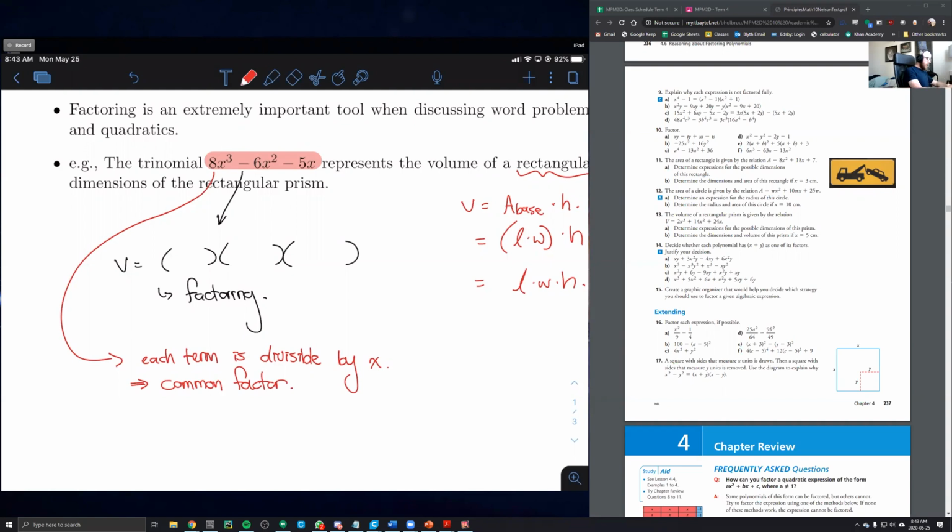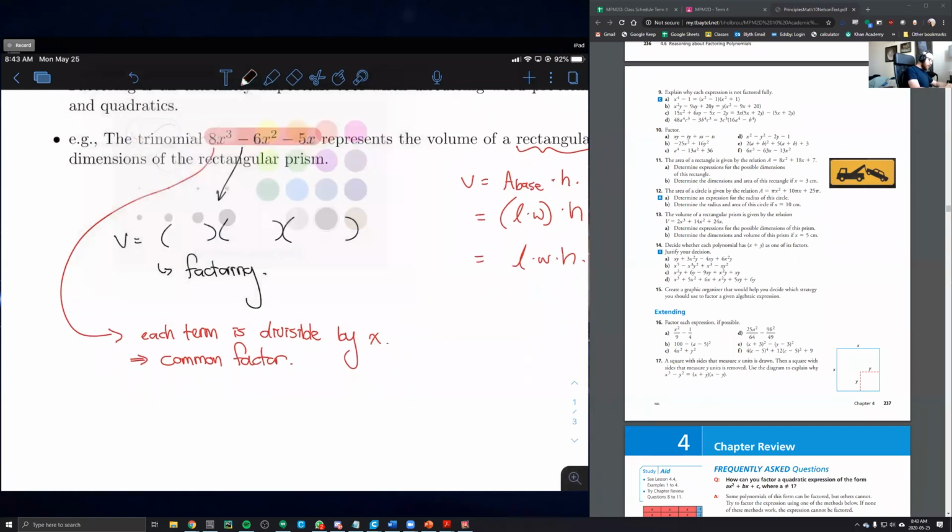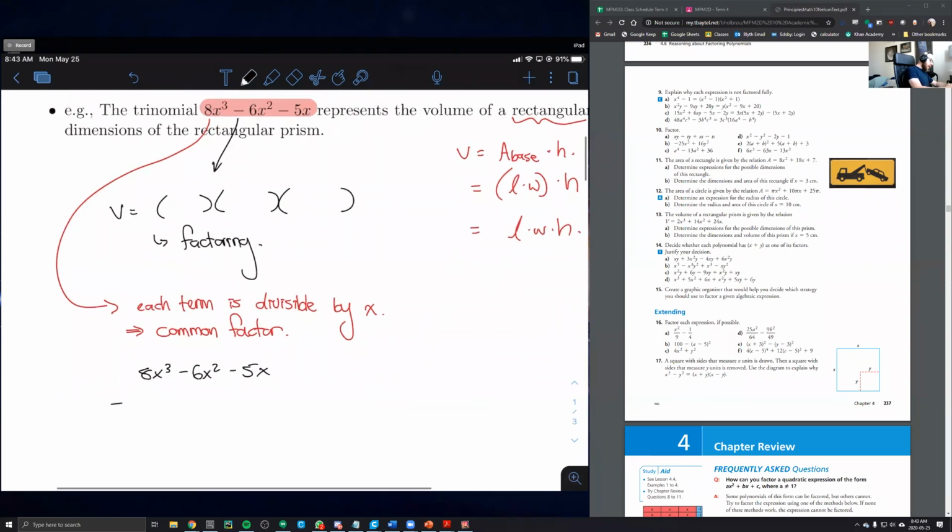So I have 8x to the power of 3 minus 6x squared minus 5x, and we can take out an x. When we do that, all the powers of our polynomial decrease by 1. So we get 8x squared minus 6x minus 5.